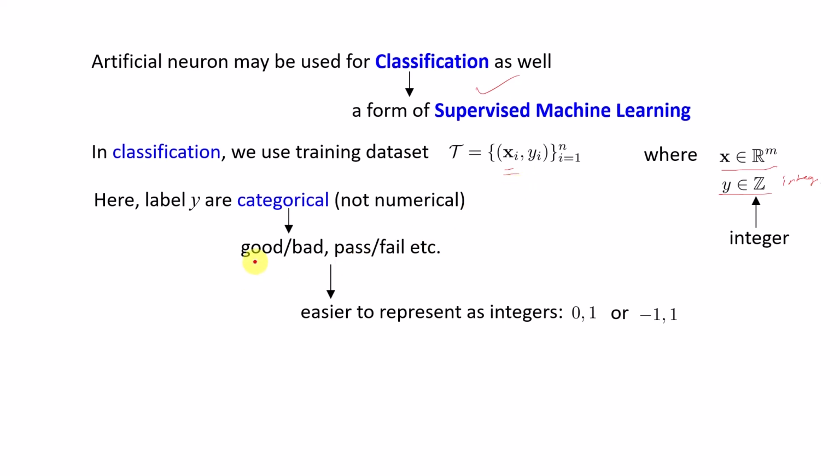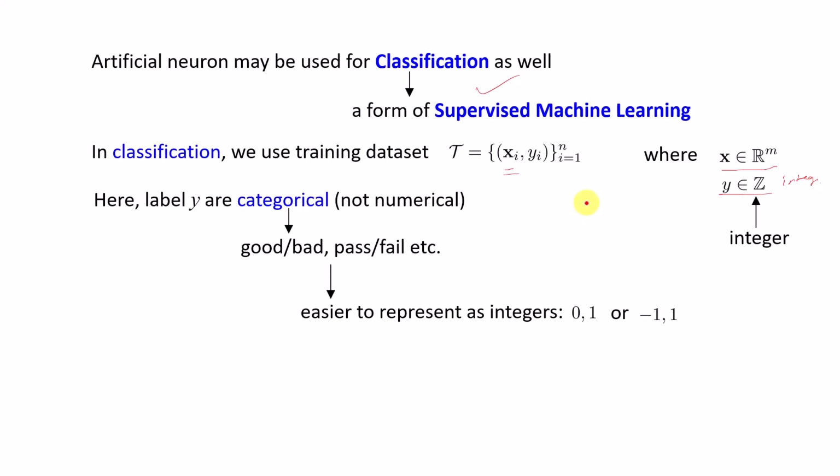So I can write that as good, bad, but mathematically it is easier to write that in terms of integers, such as 0 or 1, or minus 1 or 1, or 1 and 2, etc. It's much easier to write in terms of integers as opposed to real numbers. And that is what we do in classification.